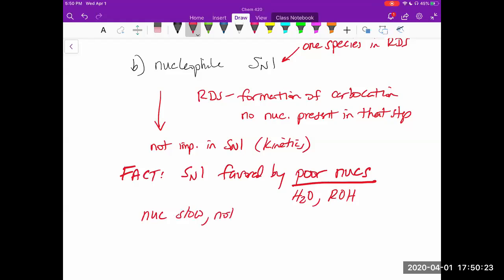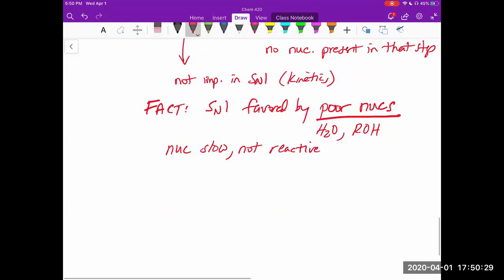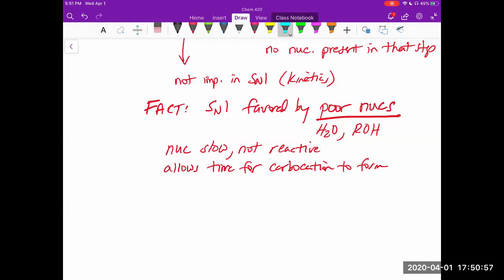It's not very reactive. And what that means is it allows time for the carbocation to form. That's a slow step. It's the rate determining step. And so if you have a nucleophile that's sitting around doing nothing, then the alkyl halide gets more of a chance to ionize, and then the reaction can take off. So when we are looking at SN1s, I guess 90% of the time, we are going to see them with poor nucleophiles.